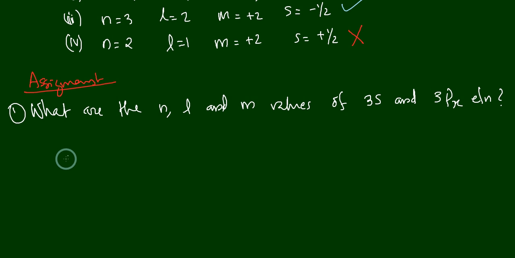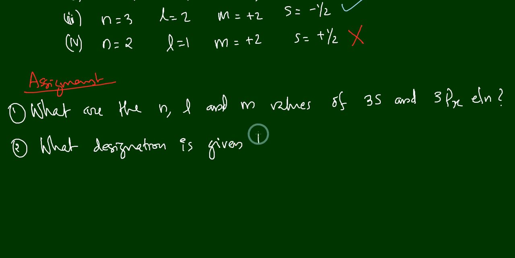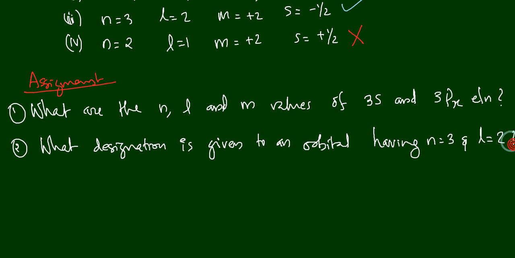And the second question is, what designation is given to an orbital having n is equal to 3 and l is equal to 2?